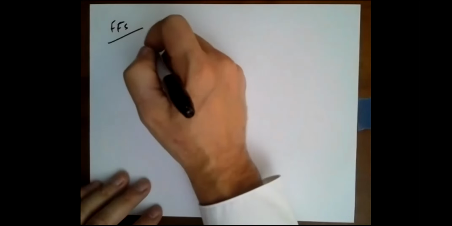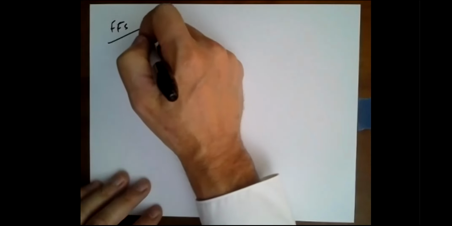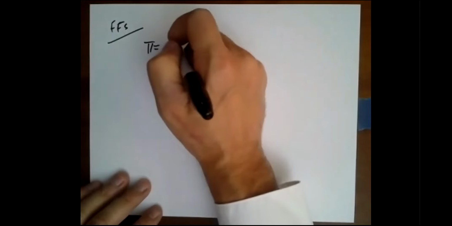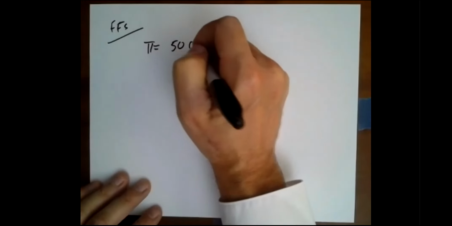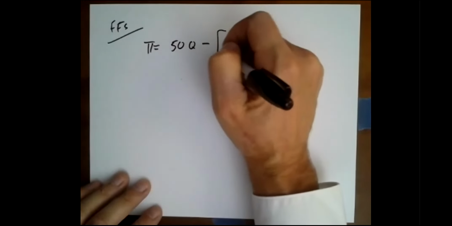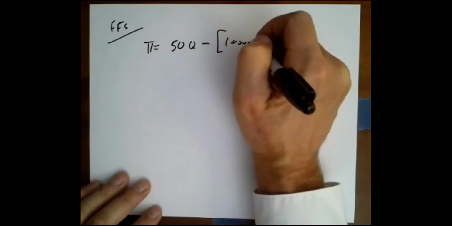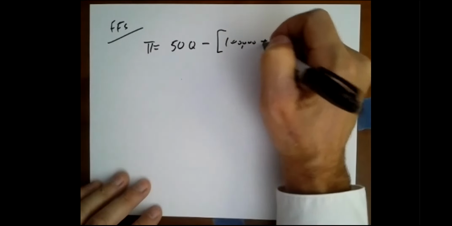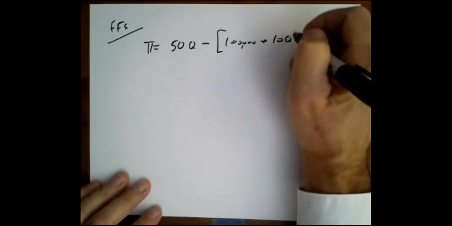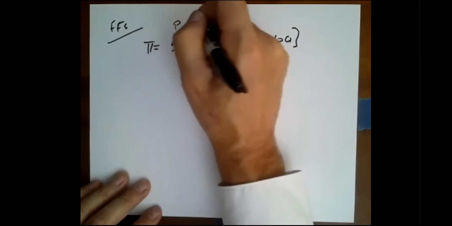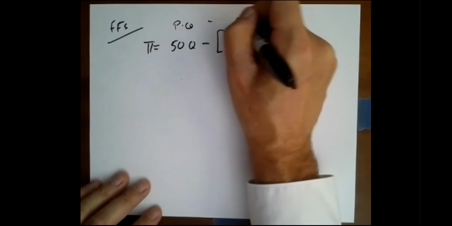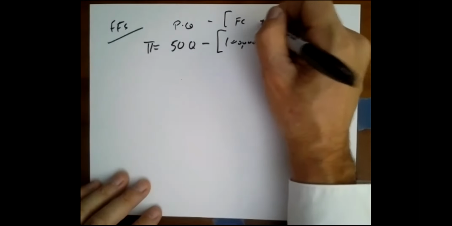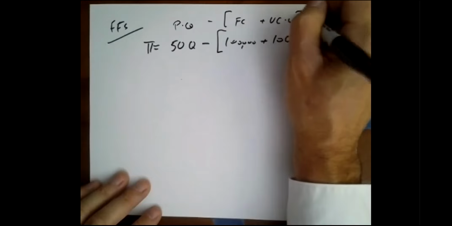So let's go back to our lab example where we had profit is equal to 50Q minus 100,000 plus 10Q, right? So this was PQ minus fixed cost plus variable cost times quantity, right?